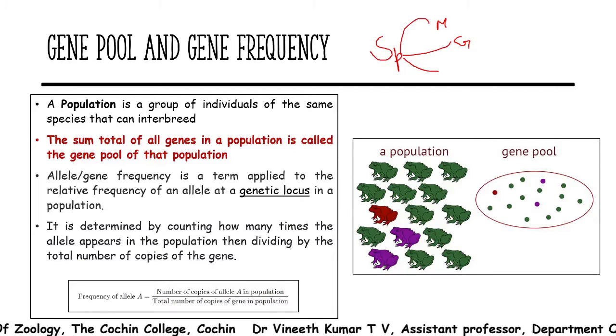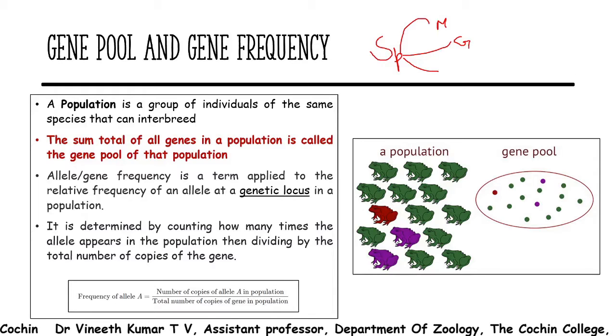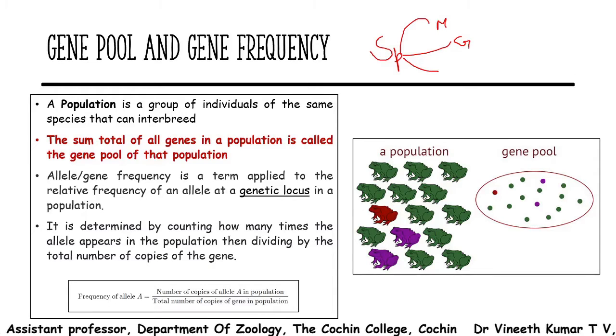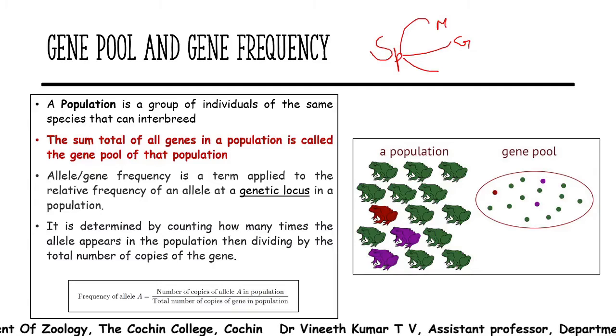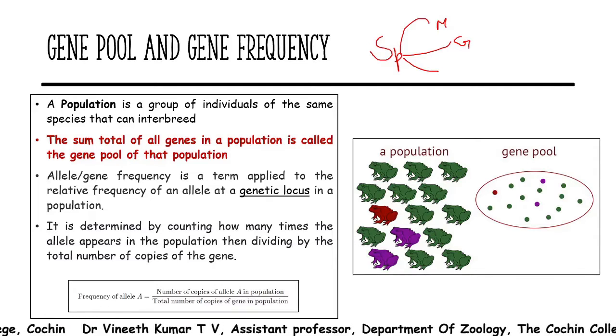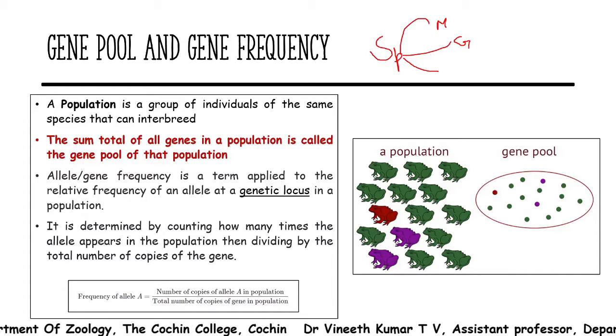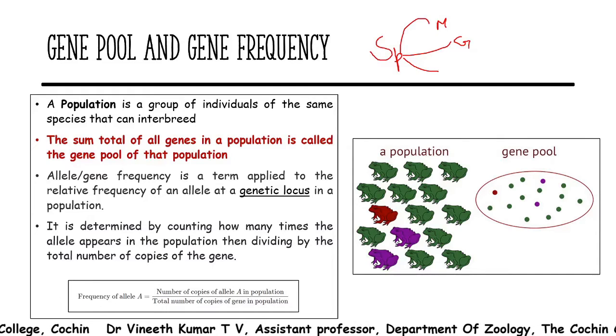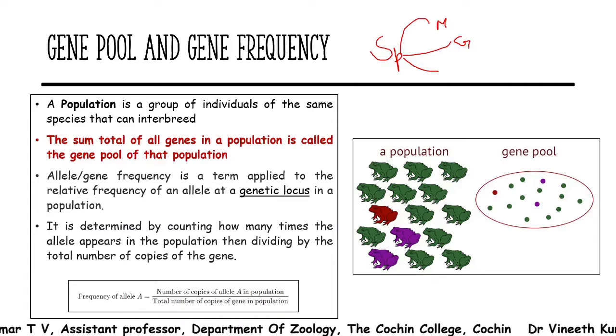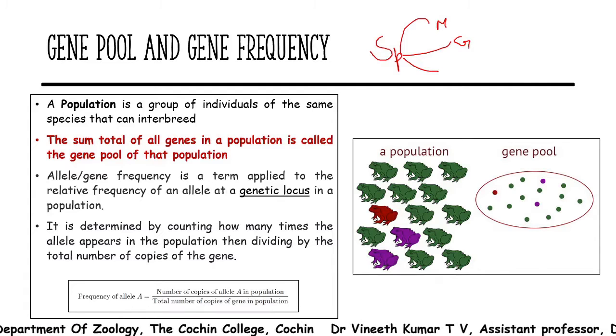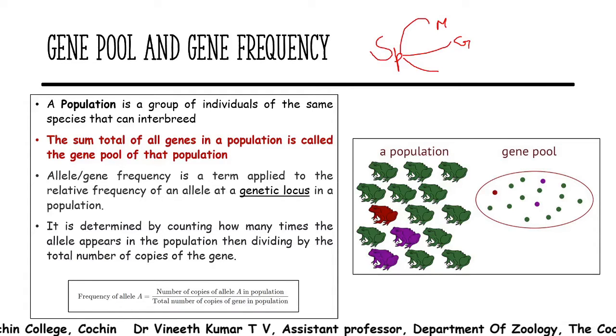We are distinct from Drosophila, which is an insect. So you call a particular group a species when they have a distinct genetic constitution.